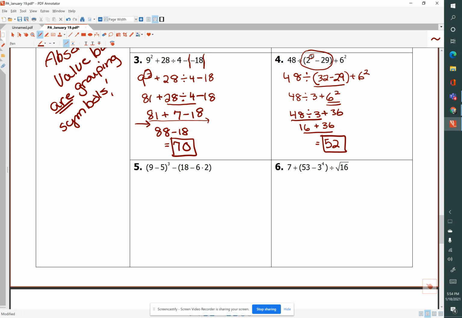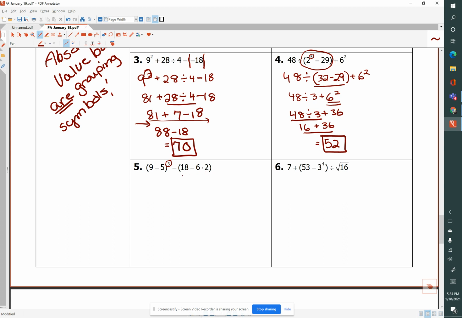Okay, here we have 2 sets of parentheses. We have subtraction within this first set of parentheses, but we also have the whole quantity raised to an exponent of 3. We have subtraction followed by multiplication in the second parenthesis.